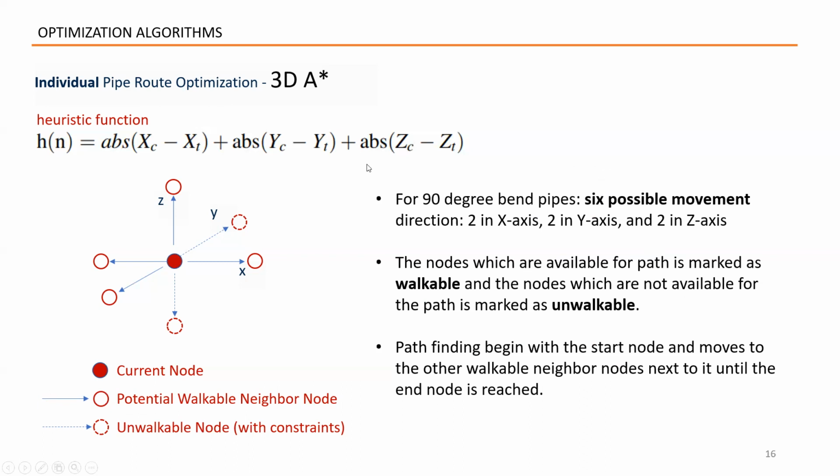The heuristic cost function is this one, Hn equals xc minus xt plus yc minus yt plus zc minus zt. Again, in this study, the Manhattan method is used to determine the heuristic cost function because this is a standard heuristic method for a square graph.